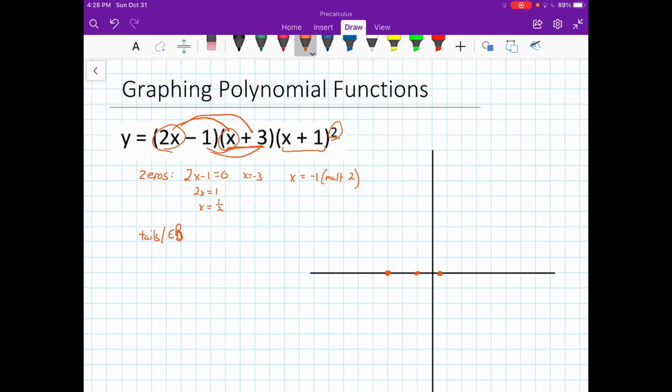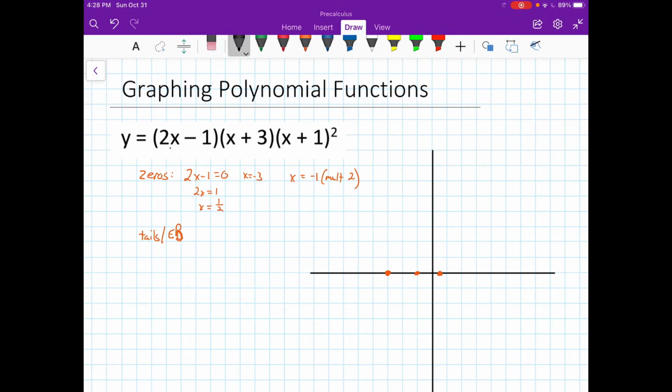That would be our highest term. If we multiplied this out, because this is x plus 1 squared, we would have x plus 1 times x plus 1, and we would have an x squared there, but then we would multiply the x squared here by an x squared here, and we would have an x to the 4th. So our degree would be 4.